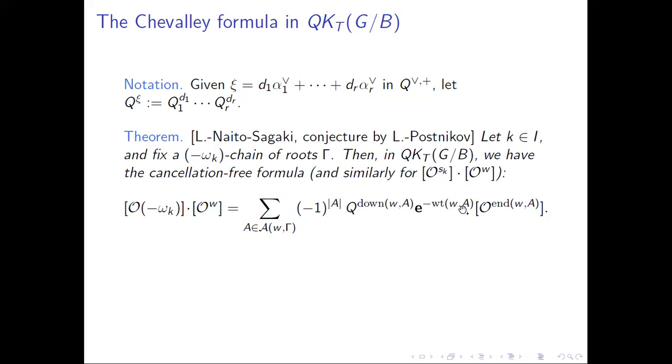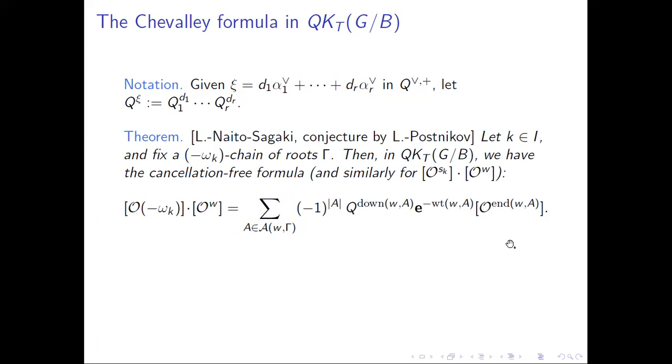and expand in the basis of Schubert classes, you get a sum over elements of the quantum alcove model, all these admissible subsets, actually W-admissible subsets, because you have to start at this chain of Weyl group elements at W being the one indexing the Schubert class in the left-hand side.